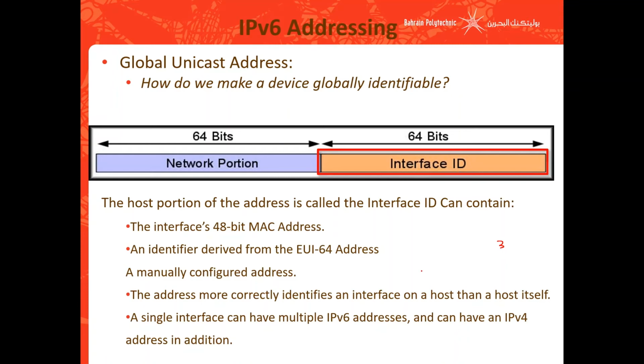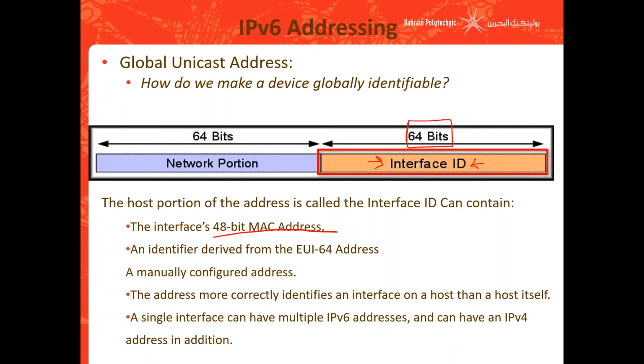Now, the 64 bits that are used for the host are actually called the interface ID. Basically, the interface ID contains the 48-bit MAC address. Every network interface card, NIC, has a MAC address.